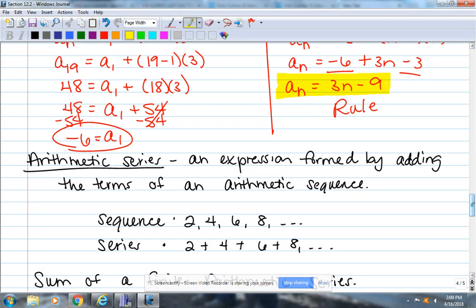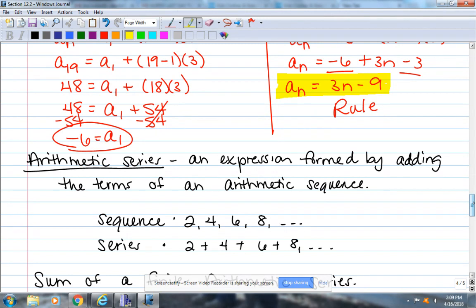So those were arithmetic sequences. Okay? So the next thing we're going to talk about is an arithmetic series. A sequence, you're just listing terms. You're doing the same thing to it over and over, but you're just listing the terms.